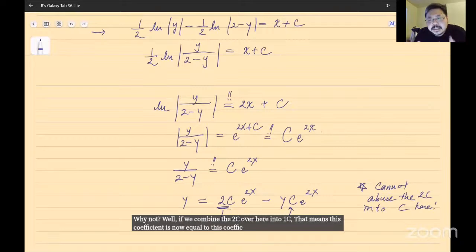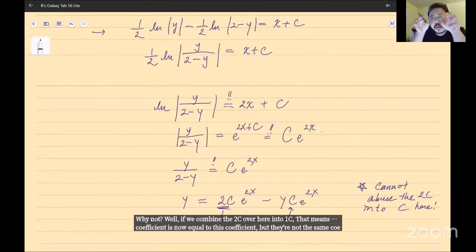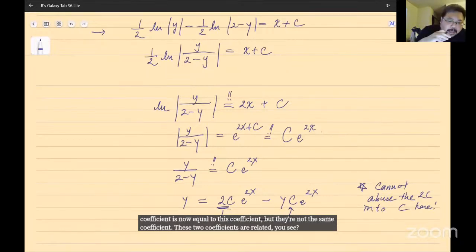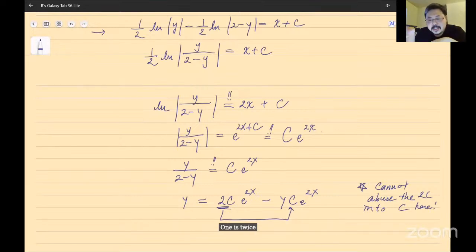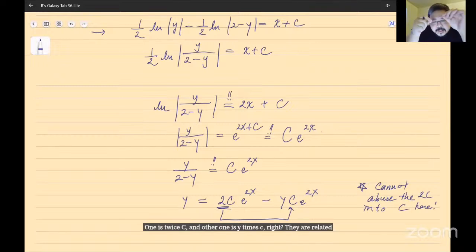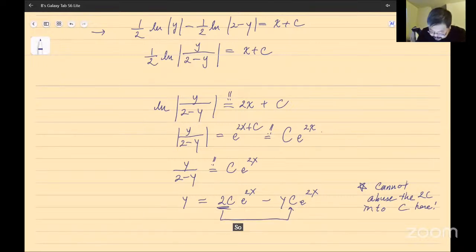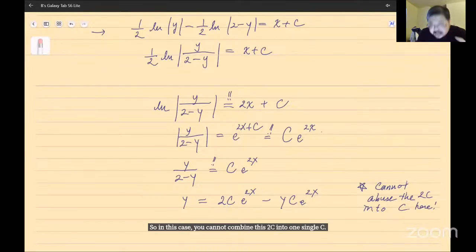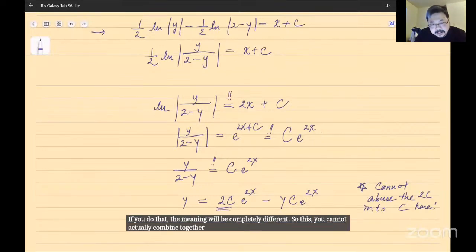But they're not the same coefficient. These two coefficients are related. One is twice c, and the other one is y times c, right? They're linked together. So in this case, you cannot combine this 2c into one single c. If you do that, the meaning will be completely different.